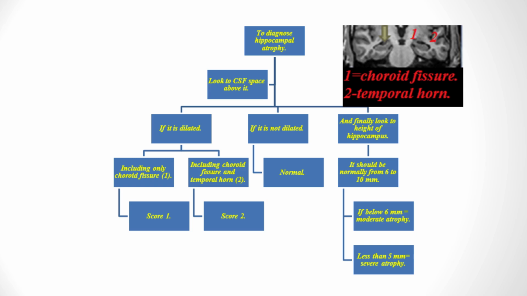And if it is not dilated, it will be a normal case. And finally, look at the height of the hippocampus. It should normally be from 6 to 10 millimeters. If below 6 millimeters, this equals moderate atrophy, while if it is less than 5 millimeters, this equals severe atrophy.